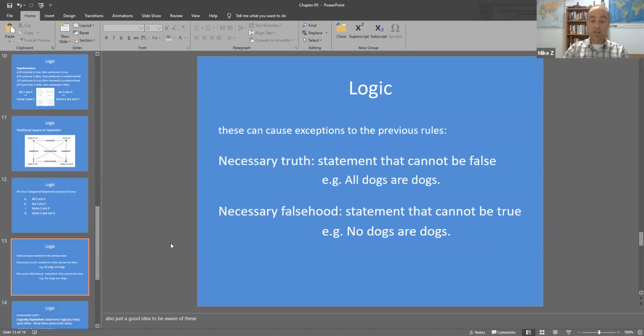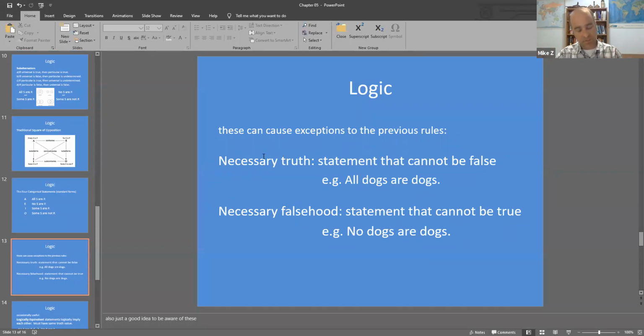Okay. Here's another thing that it's good to be aware of: necessary truths and necessary falsehoods. So a necessary truth is a categorical statement, once you've filled in some content, that just cannot be false. The most straightforward example of this is when the subject and the predicate are the same term. So all dogs are dogs. There's just no way that that could be false.